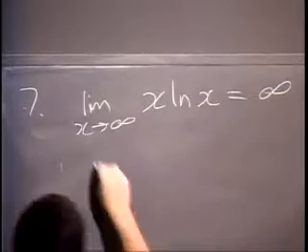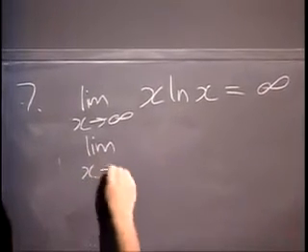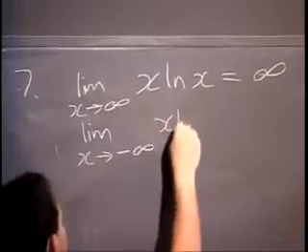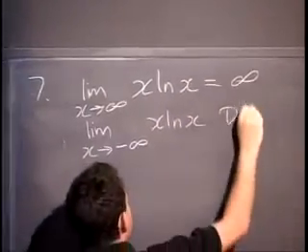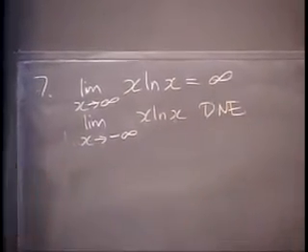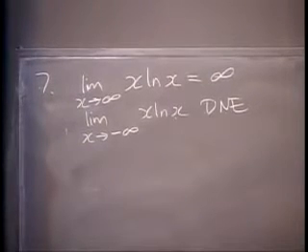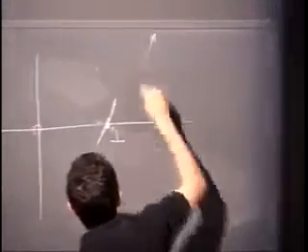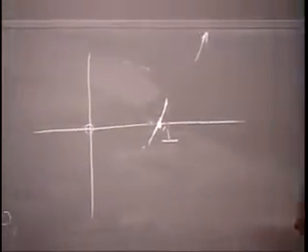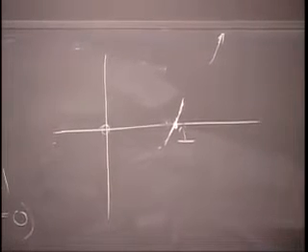So it goes to infinity. As for the left-hand limit and minus infinity, that clearly doesn't exist because you can't even define log x to the left. So on this picture, coming back to the picture, we know it goes up to infinity. So we know a little bit more about the graph.